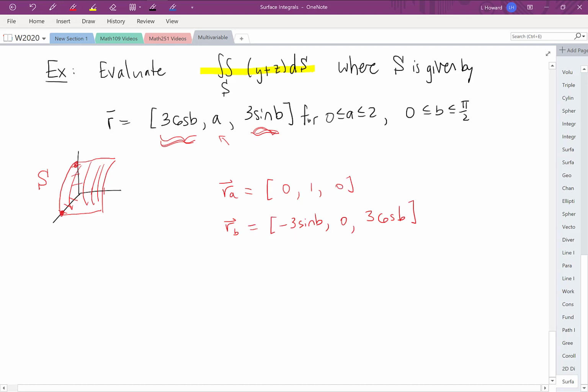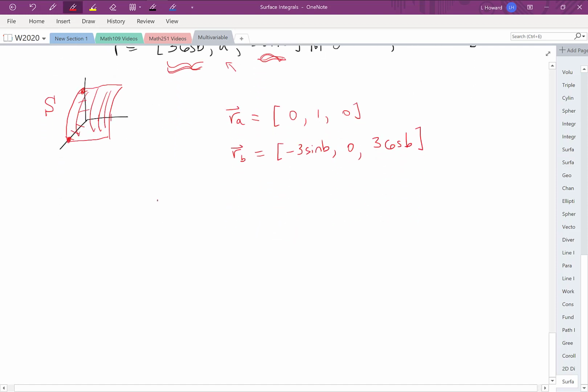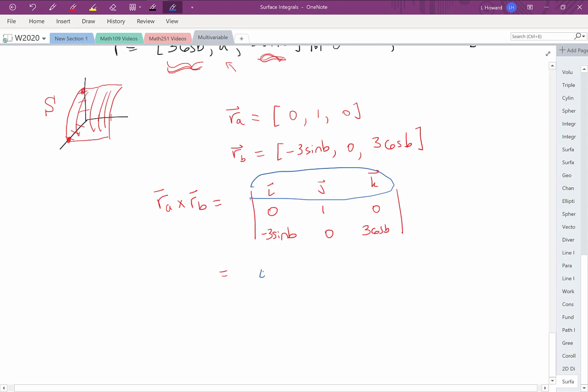So next thing we want to do is take the cross product of these two vectors that we've just calculated. So we'll write down our 3 by 3 determinant with i, j, k in the first row. Then we've got our 0, 1, 0, our minus 3 sine b, 0, 3 cos b, and we'll just figure out this 3 by 3 determinant. So expanding along the top row, we'd have i times 3 cos b.